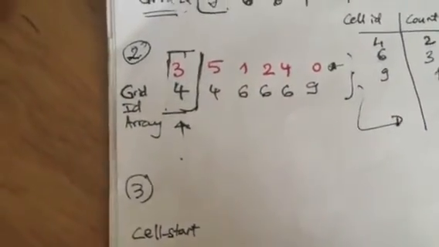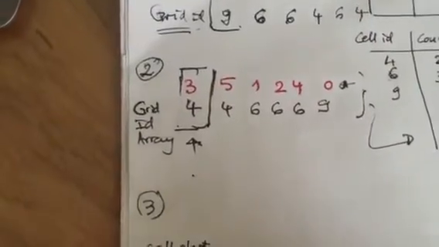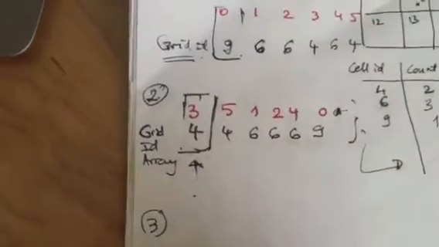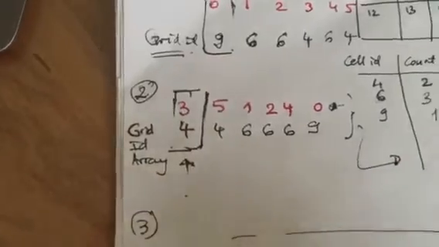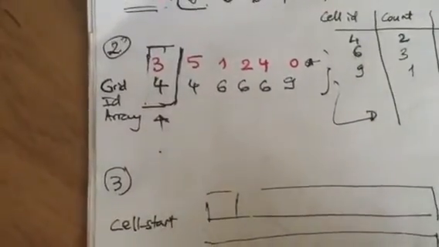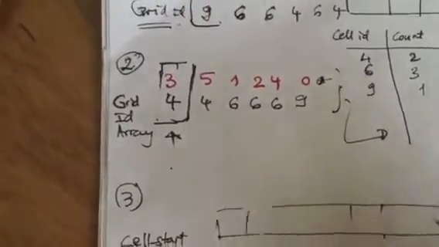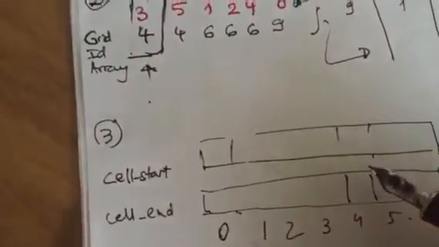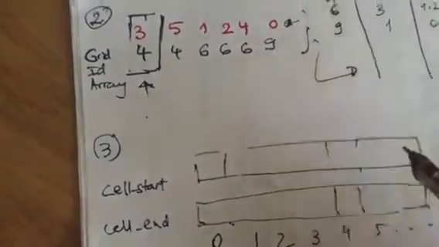One is called cell start and the other one is called cell end, and these arrays will be indexed based on the grid array. So they'll be indexed 0, 1, 2, 3, 4, 5, and so on. And the start and the end here will be these positions in the particle index array.